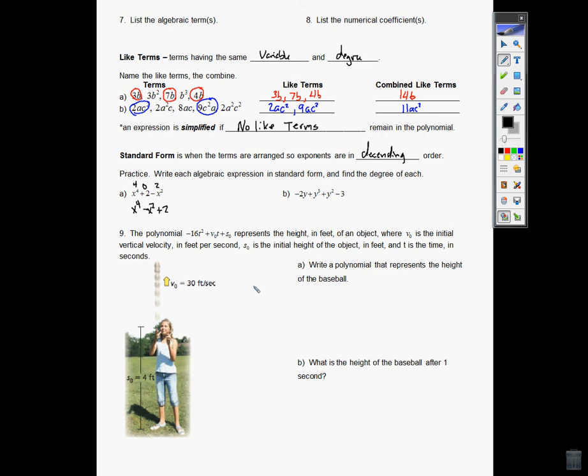Now let's take a look at number 9, which is going to be more of an application type problem, where we're given this seemingly complex formula that's supposed to represent height in feet of an object, given initial velocity and the initial height and time.